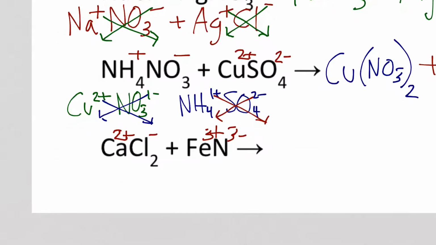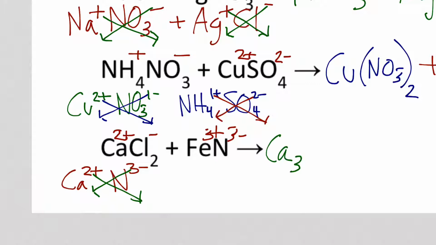Coming down to the last one, so we have calcium with its 2+ charge. That's going to be paired with nitride with its 3- charge. Again, superscript becomes the subscript, and that's where I'm going to get calcium 3, or Ca3N2. And if we're looking at iron with its 3+ charge, that's going to be paired with chlorine with its 1- charge.